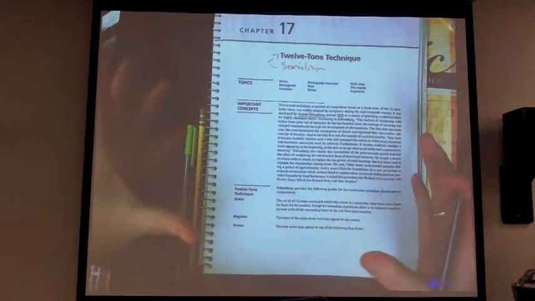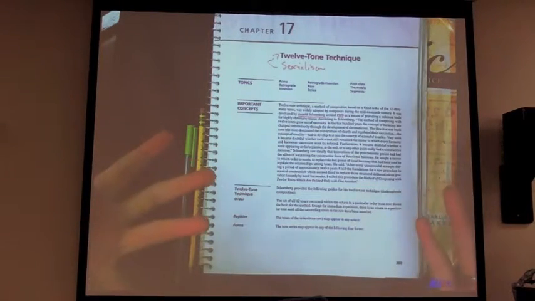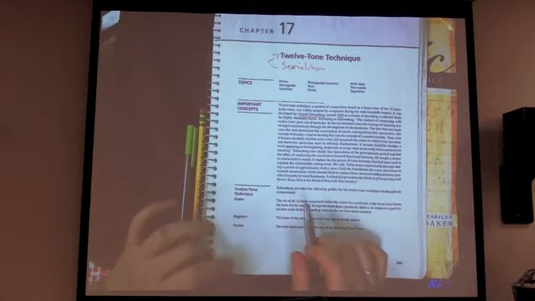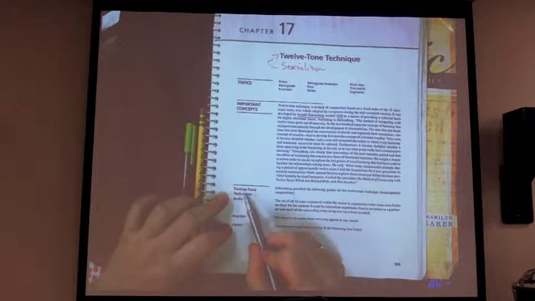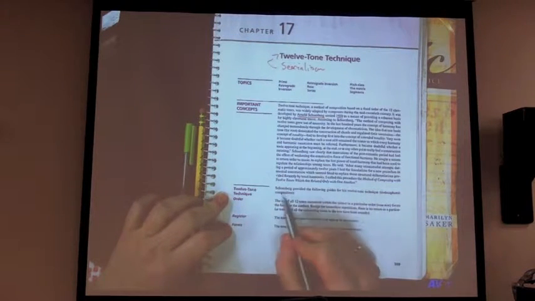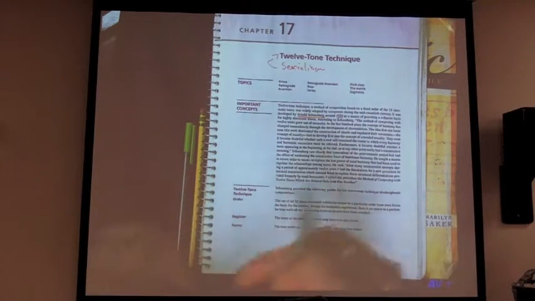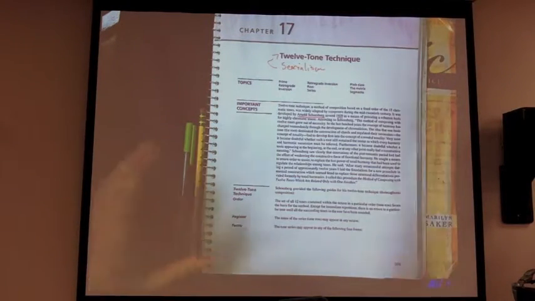This group of composers called themselves the Second Viennese School, so you may hear reference to that. So some vocabulary that you need to know in order to do this is 12-tone technique. So basically, you're going to break each note in the chromatic scale down to 12 notes, 12 tones.